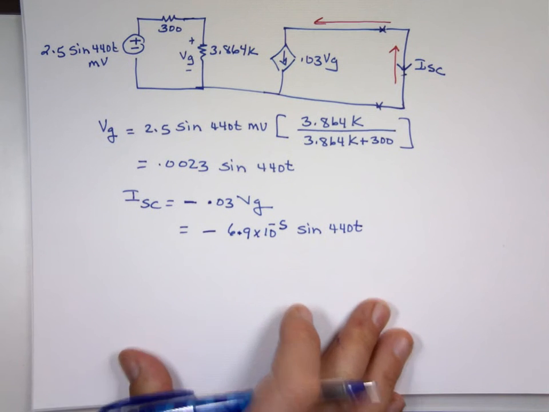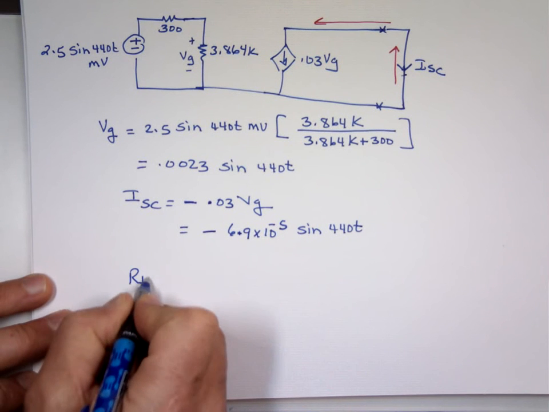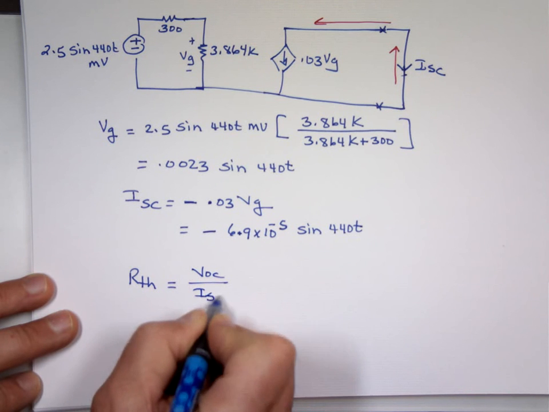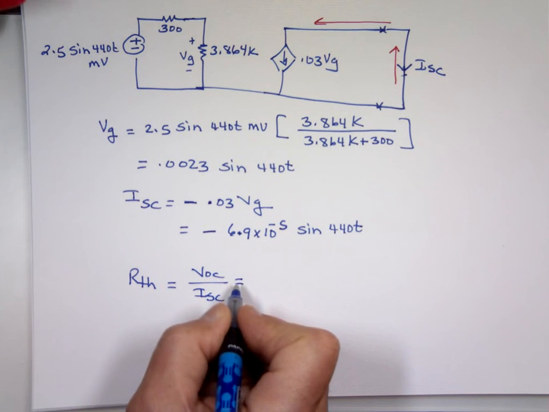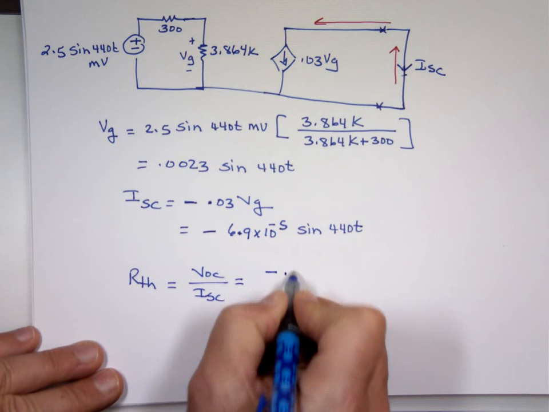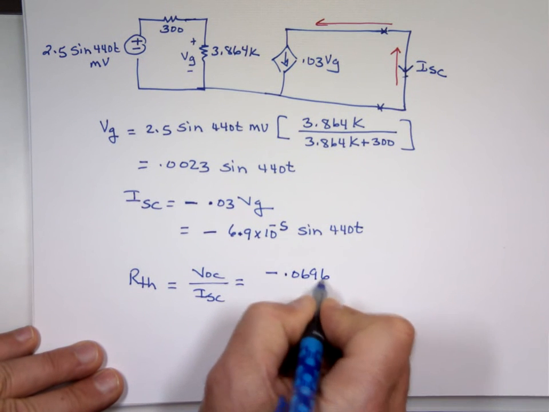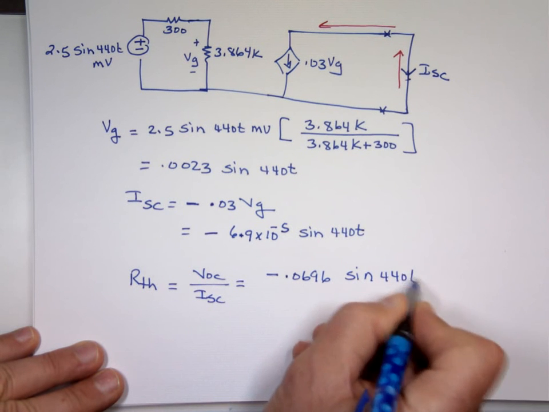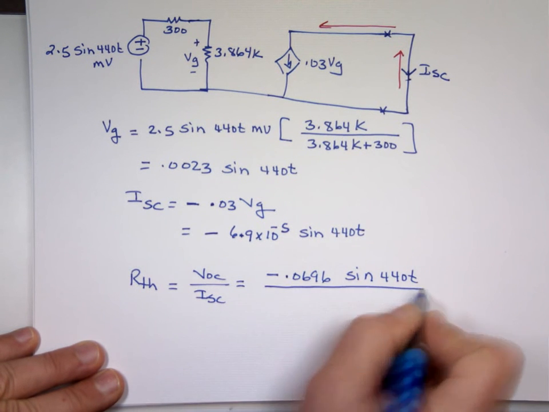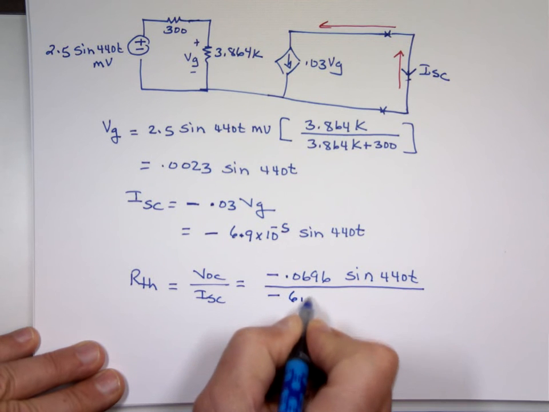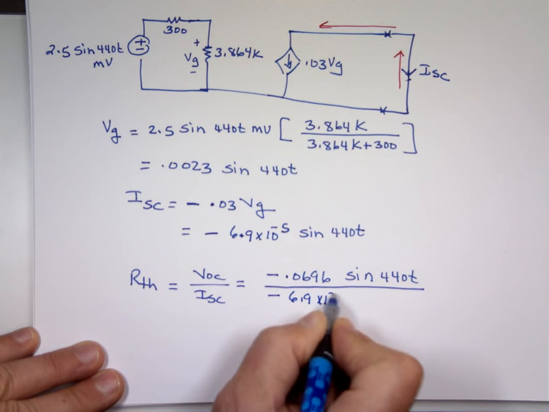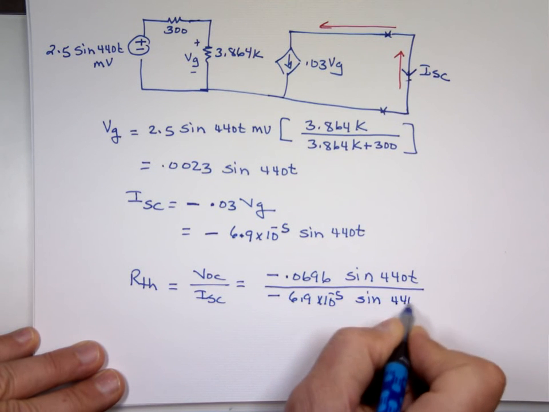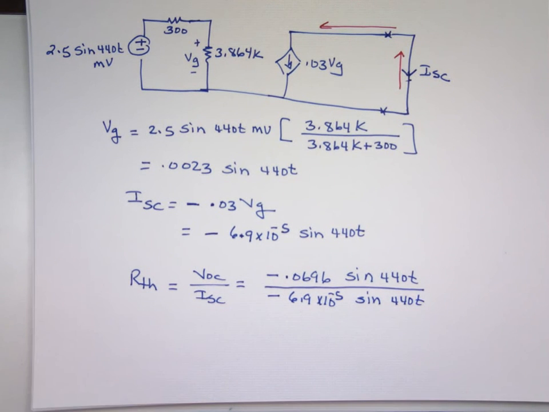So what is R Thevenin? It's V open circuit over I short circuit. V open circuit, if I remember, negative 0.0696 sine 440t. I short circuit, negative 6.9 times 10 to the negative 5th sine 440t. These guys will cancel each other out.